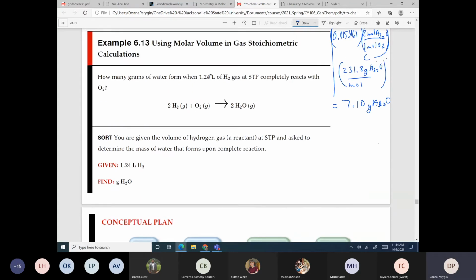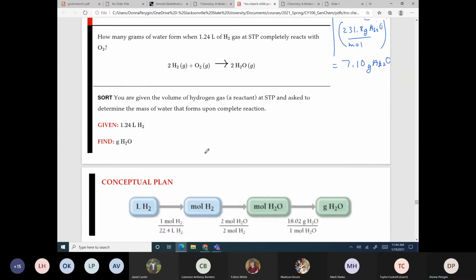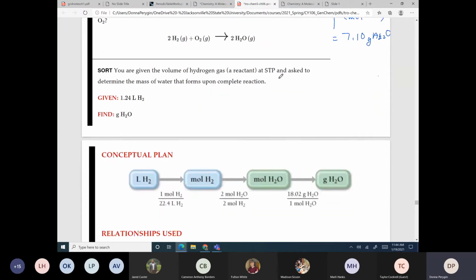How many grams of water form when 1.24 liters of hydrogen gas at standard temperature and pressure completely reacts with O2? So the balanced equation, 2H2 plus 1O2 yields 2H2O. So we're looking for grams of water. So you're given the volume of hydrogen gas and asked to determine the mass of water.